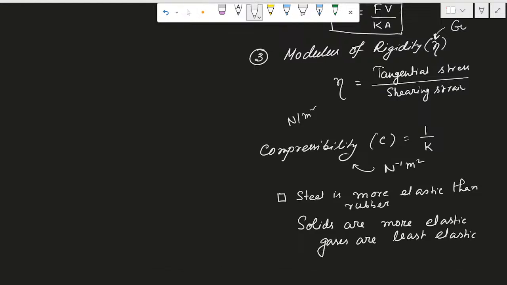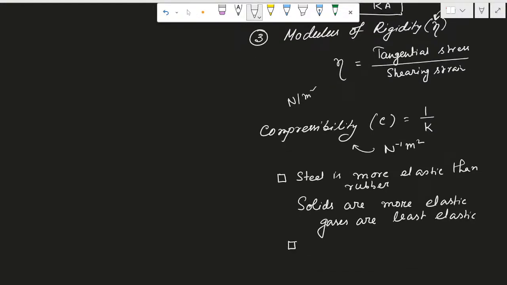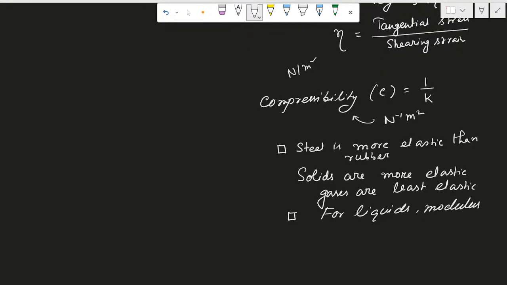Also, some points to note: modulus of rigidity is 0 for liquids.